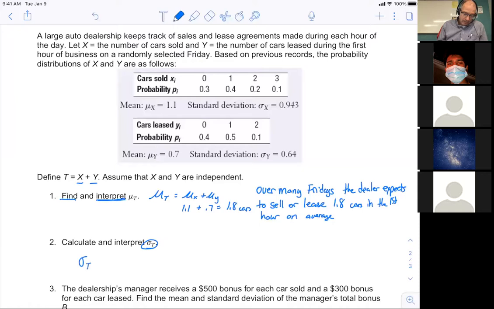The standard deviation of T is going to equal the square root of the variance of X plus the variance of Y. Well, we weren't given variance, so we've got to remember to make that transformation. So we're going to square the 0.943 and square the 0.64. And if we do all that, we're going to get 1.14 cars.